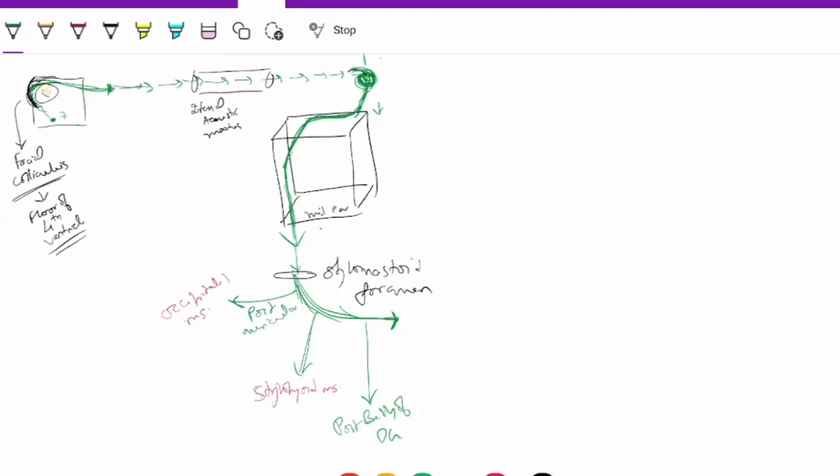Then it goes forward and it enters a gland known as the parotid gland, and at the level of the parotid gland it divides.